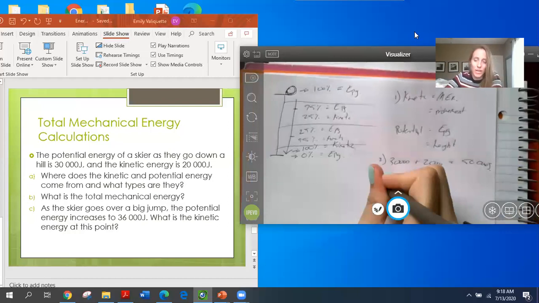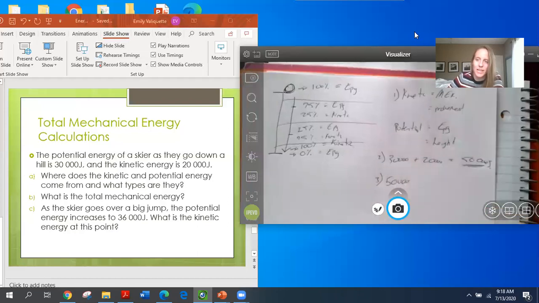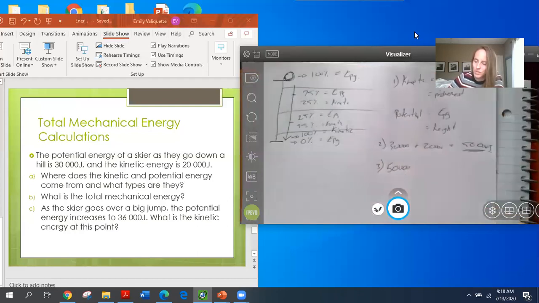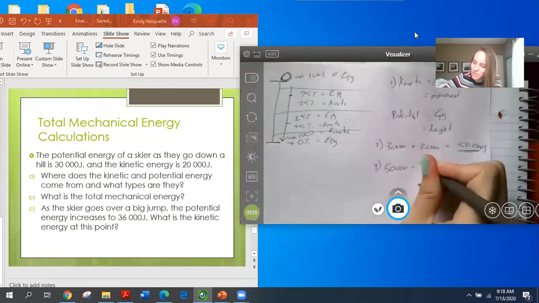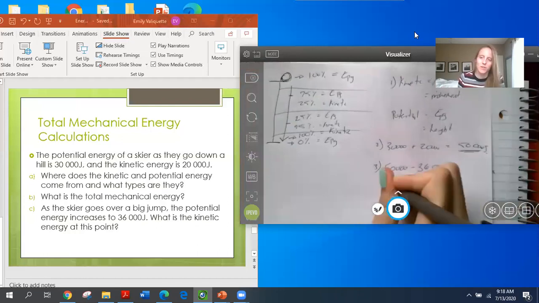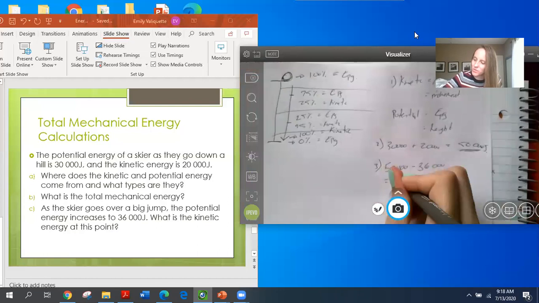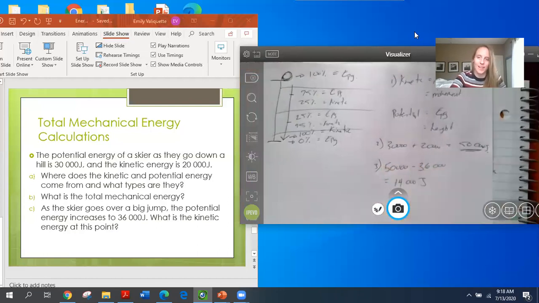So again, we know that the total energy doesn't change, and we just found out the total energy is 50,000 joules. So if I just do 50,000 joules minus the amount of that is potential energy, whatever's left over must be my kinetic energy. So 14,000 joules would be kinetic energy at that point.